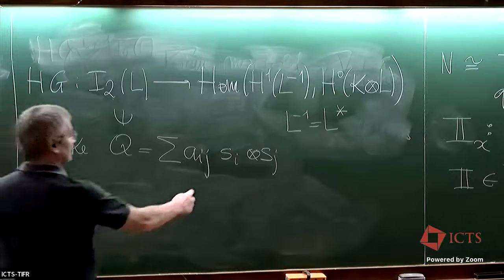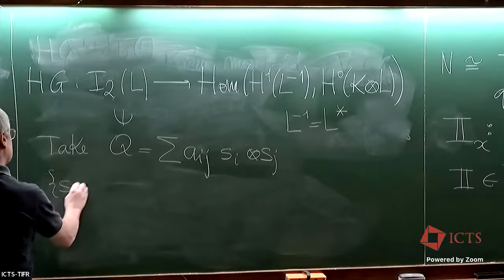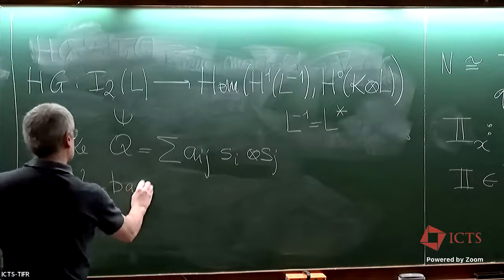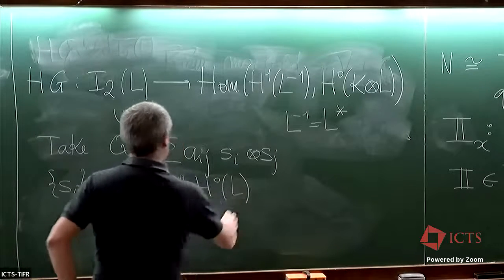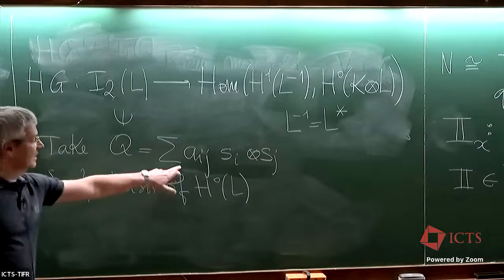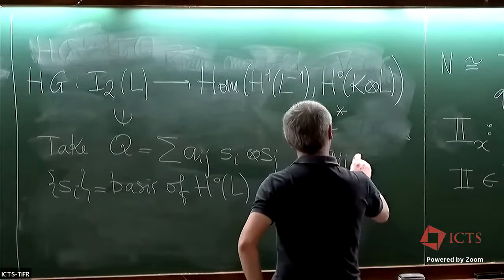So this means that the SI are sections, and actually we can assume that this is a basis of H naught. The AI are numbers, and since this is symmetric, they are symmetric.